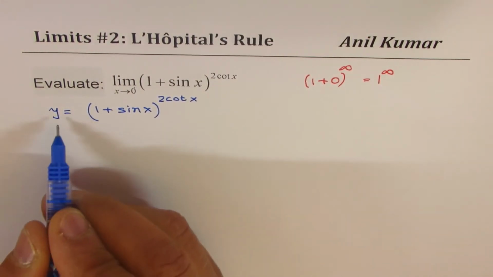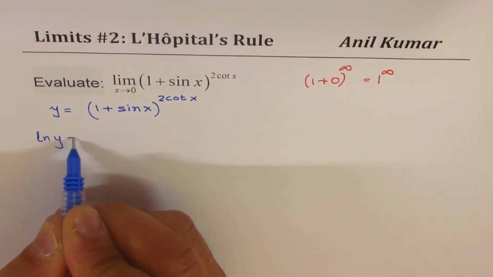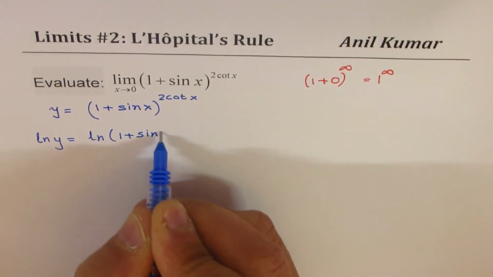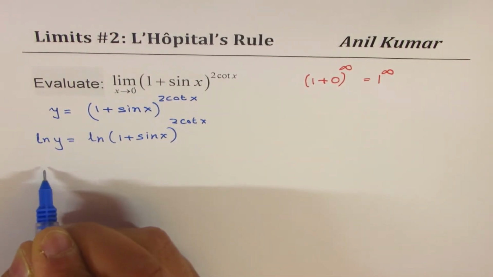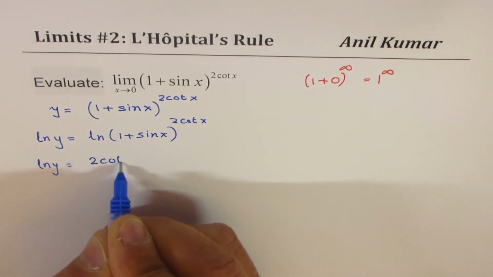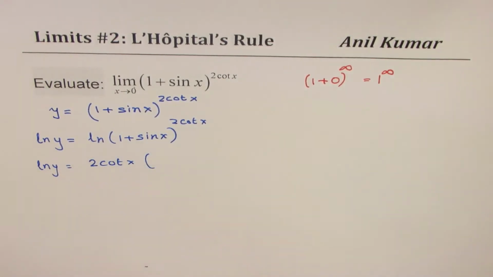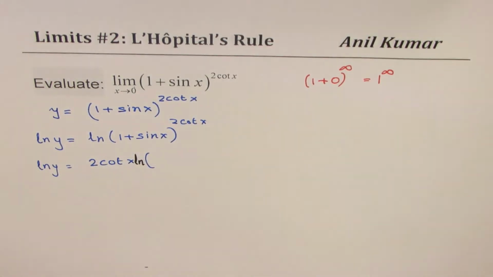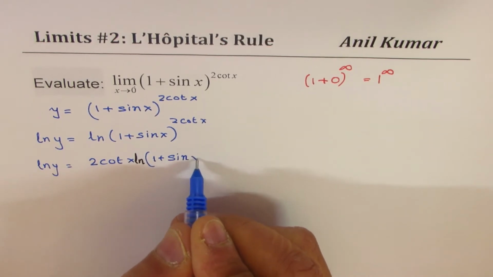Now if I take natural log on both sides, I get ln y equals ln of 1 plus sine x to the power of 2 cotangent x, or we can say ln y equals 2 cot x times ln of 1 plus sine x, correct?